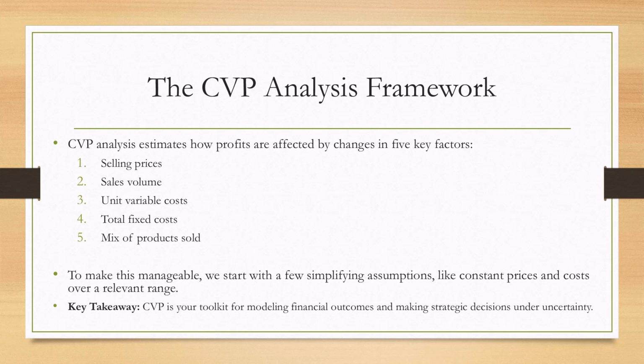At its core, it's a model that helps us estimate how our profits are affected by changes in five key levers: selling prices, sales volume, our unit variable costs, our total fixed costs, and, in a multi-product company, the mix of products we sell.